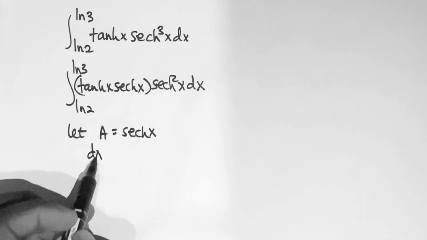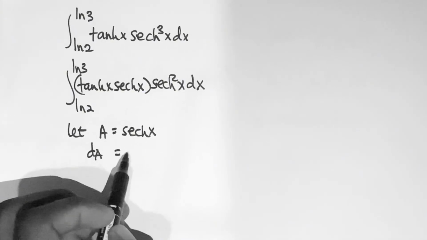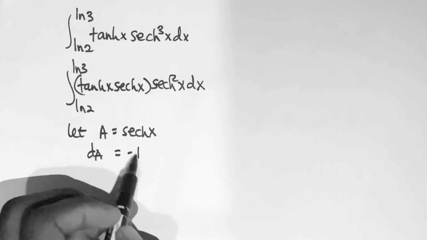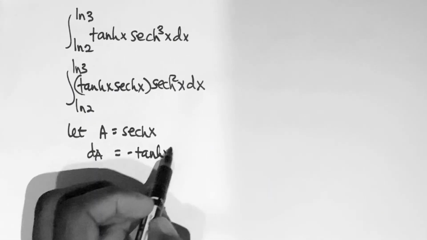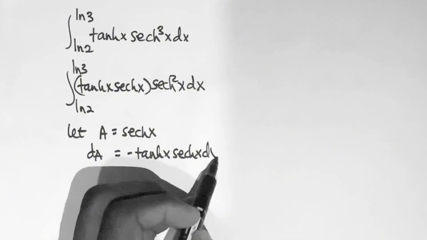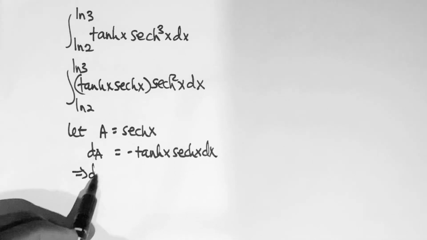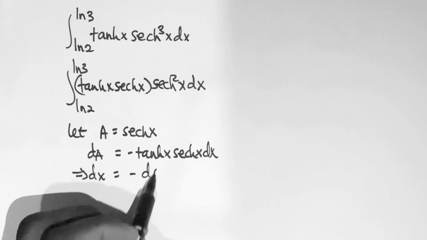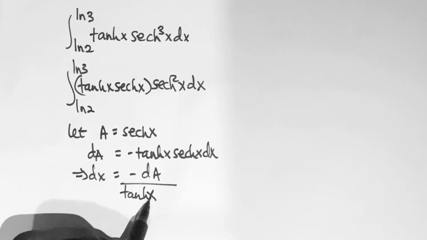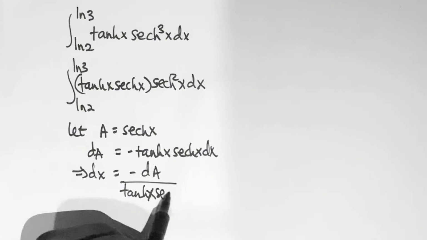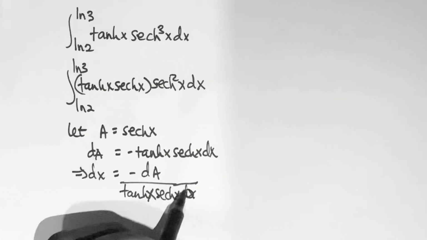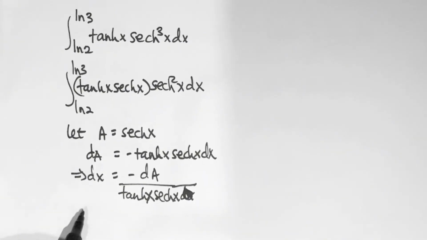So dA is equal to, if you differentiate sec x, you are going to get minus hyperbolic tan x sec x dx. So this implies that dx is equal to minus dA divided by hyperbolic tan x sec x.